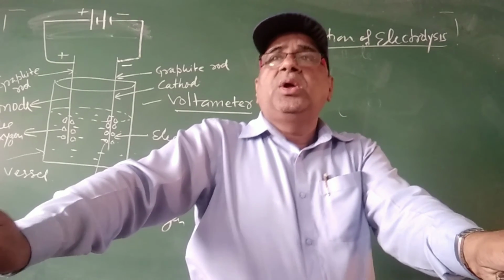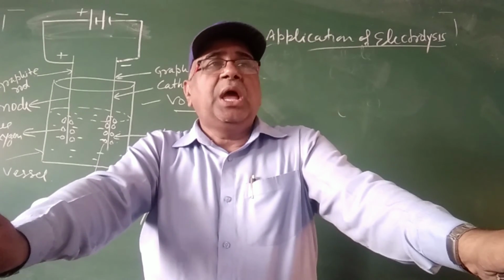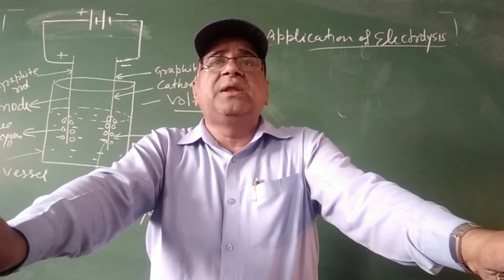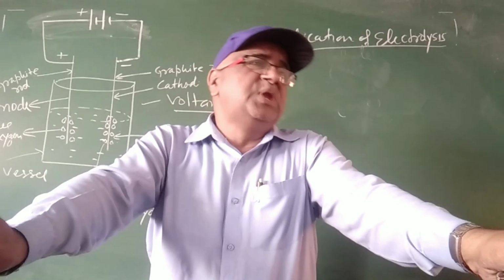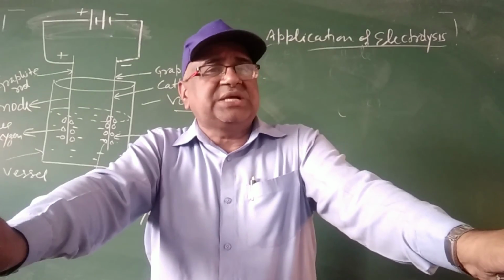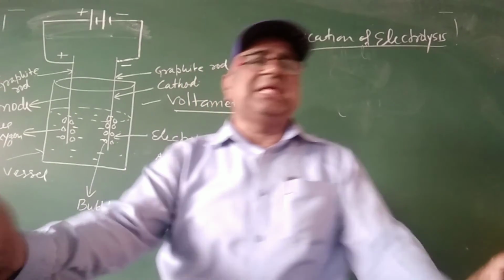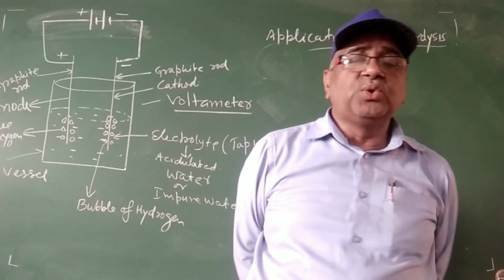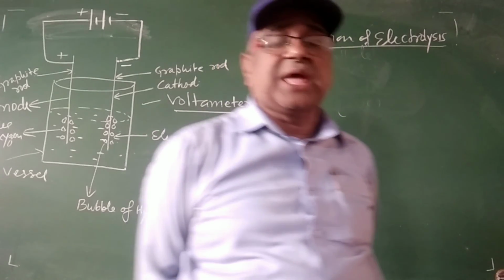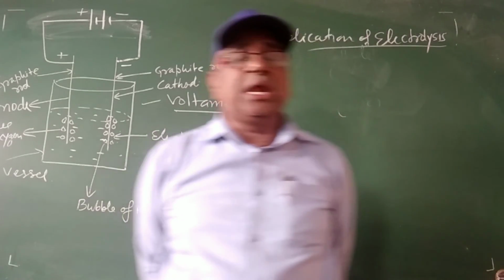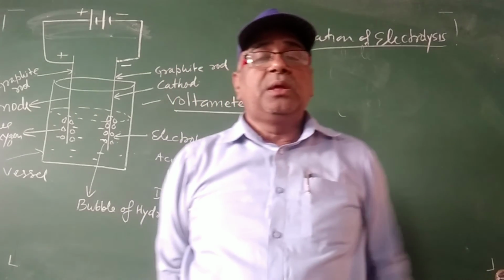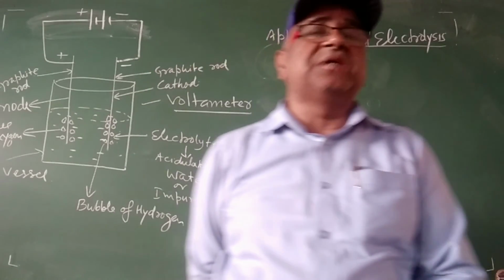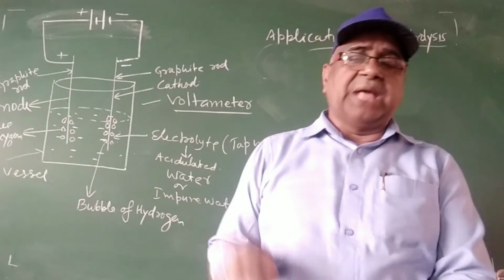Bauxite is the name of the ore, and bauxite is taken and electrolysis process is done to extract the aluminum, and after extraction of aluminum purification is required. So to purify we will use electrolysis, and the method is called electro refining of metals. Refining, purification is done by electrolysis.